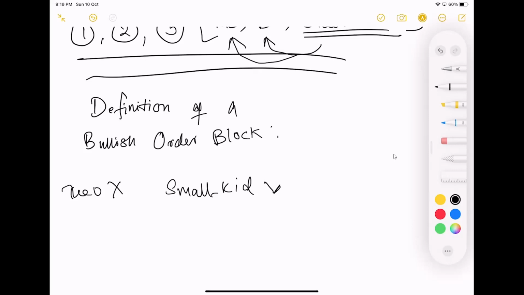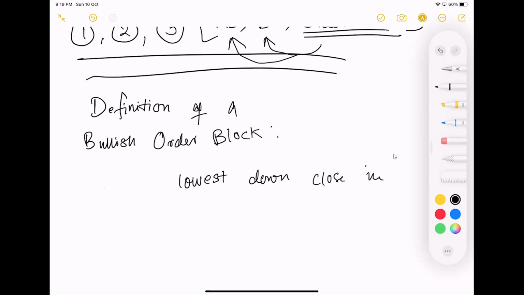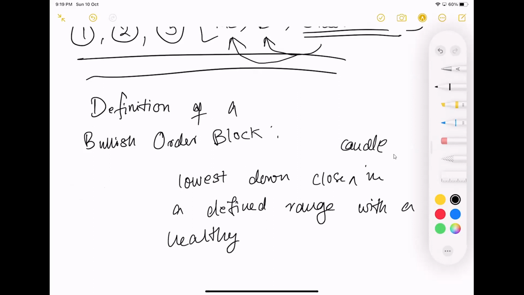Okay. All right. So the definition of an order block, right? Normally, the definition of a bullish order block is the lowest down close candle in a defined range with a healthy body.